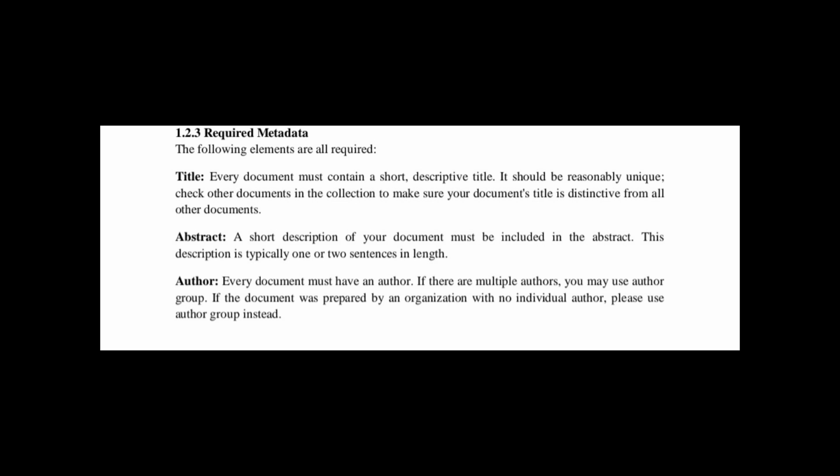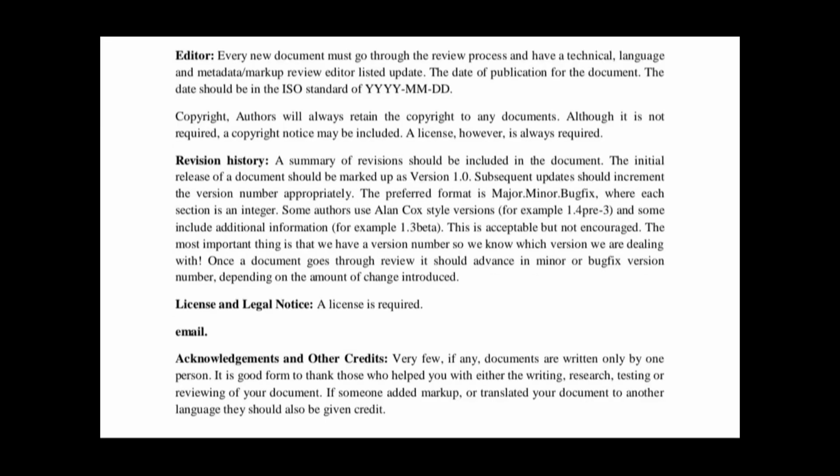Author. Every document should have an author. If you have multiple authors, you may use an author group. If the document was prepared by an author within a group and not an individual author, please use author group instead. Every new document must go through the review process and have a technical language and metadata markup review.